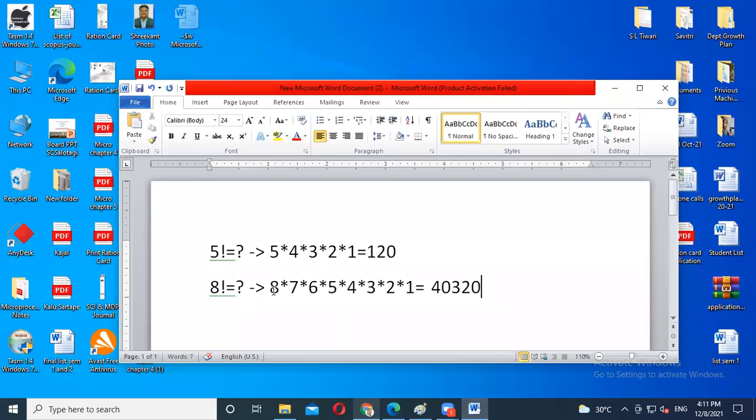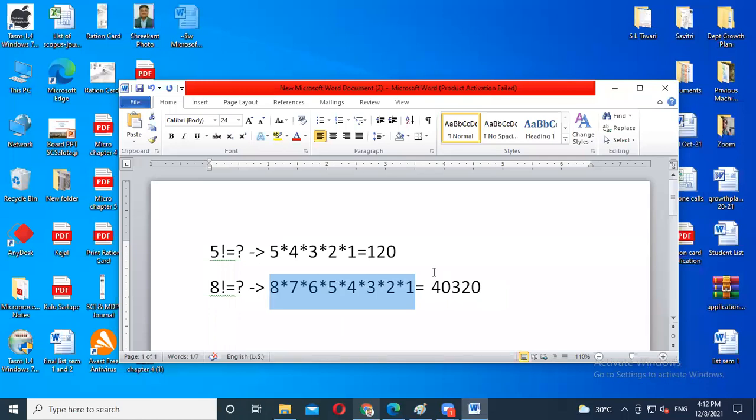Okay, you have to multiply this many numbers to get the factorial of this number. In this program, we are going to find the factorial of this number using a microprocessor program. That program I will give you, just 1 second.